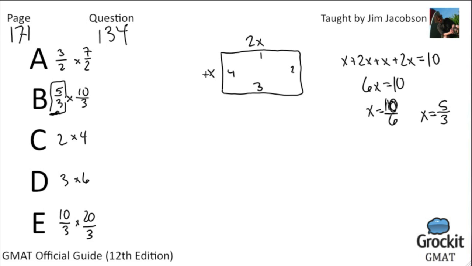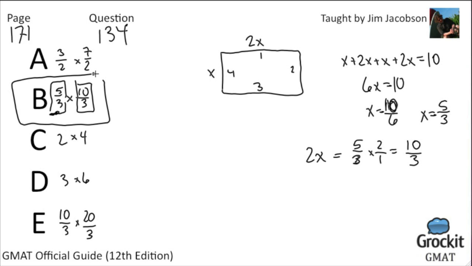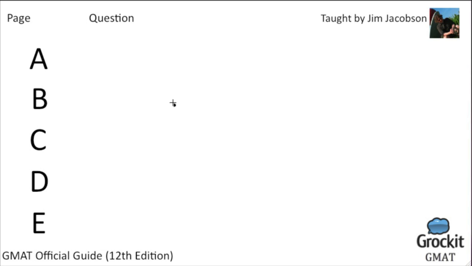If the width, x, is 5/3, then 2x is 5/3 times 2, which equals 10/3. So 5/3 by 10/3, answer choice B, is our correct answer. And we can then safely move on to question number 135.